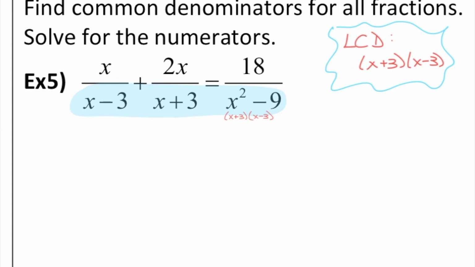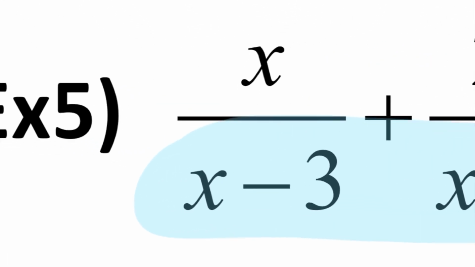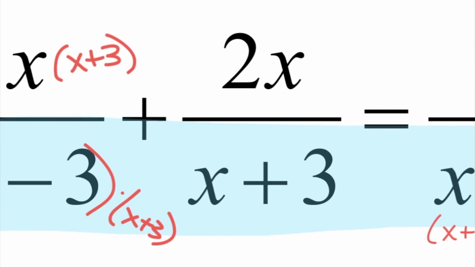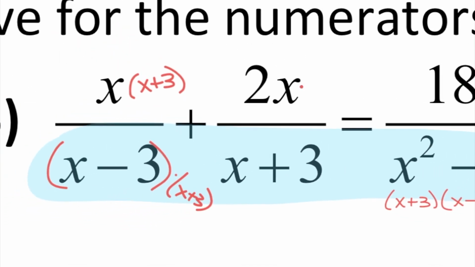And I'm going to take that first fraction and I'm going to multiply the numerator and the denominator by x plus 3. I'm going to take the second fraction and multiply the numerator and the denominator by x minus 3.